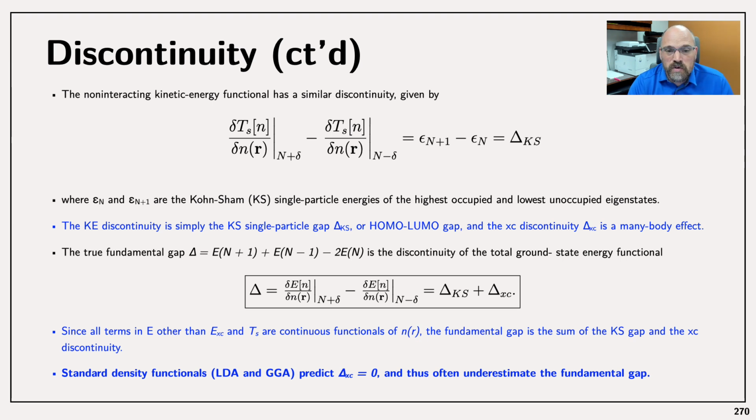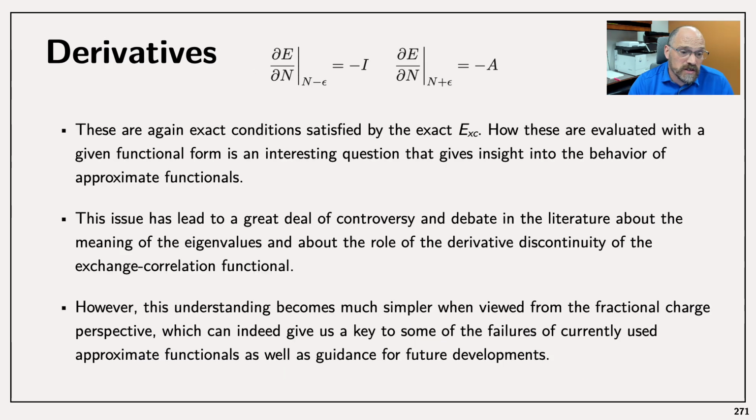You can say it's a subtle property, but hopefully you understand it with the background that we have covered in this lecture series. So that's nice. You can also calculate those derivatives. If you can calculate them right, you can calculate the ionization potential, and you can calculate the electron affinity.